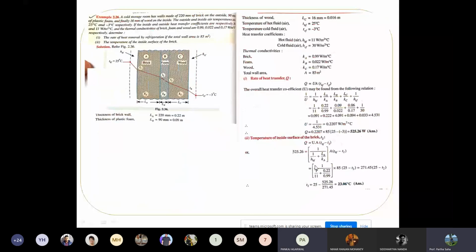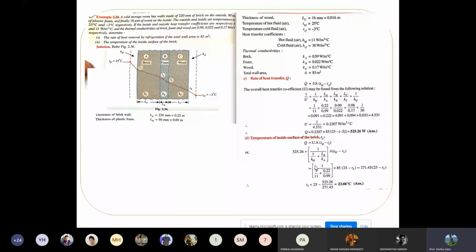Finally, last problem. It is given a cold storage room. The wall is made of 220 millimeter of brick on the outside, 90 millimeter of plastic foam, and finally 60 millimeter of wood on the inside. The outside and inside air temperature are 25°C and -3°C respectively. This is a cold storage room.